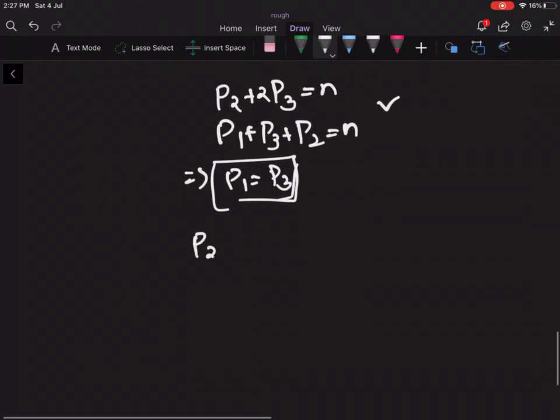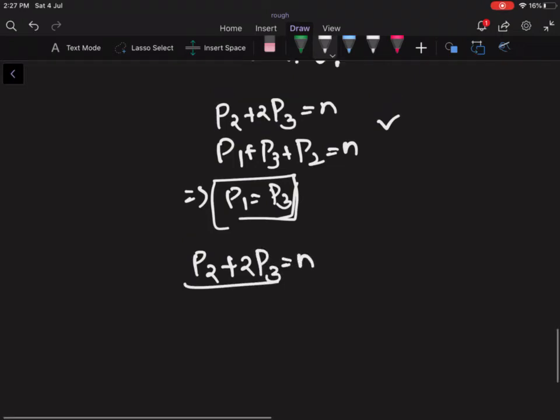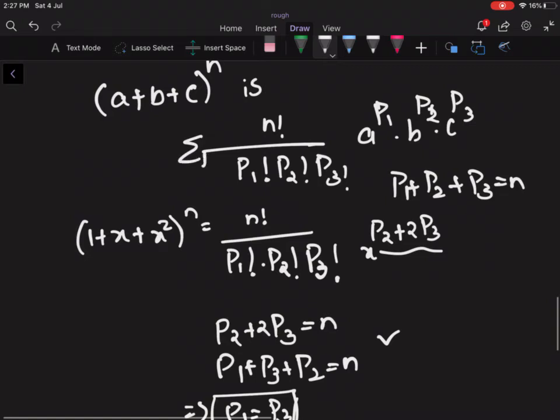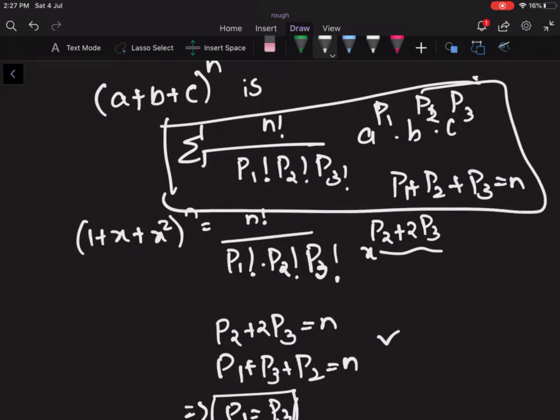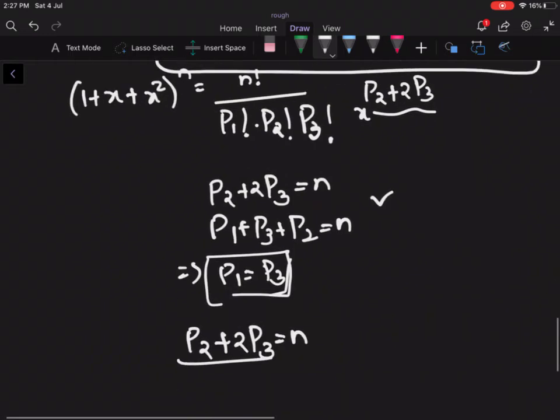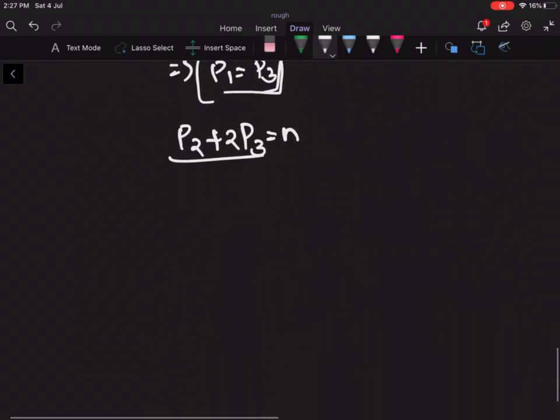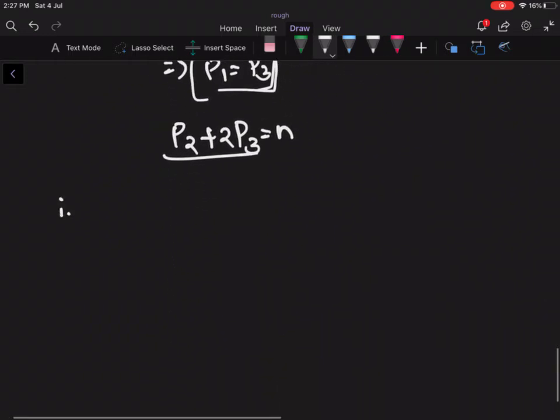And we need to sum over all the cases such that the binomial expansion is this one, where p1 plus p2 plus p3 equals n.